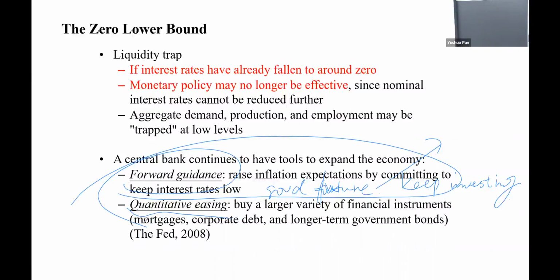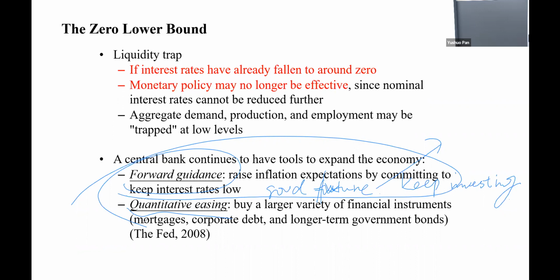The second way is quantitative easing, which means buying a large variety of financial instruments, including mortgages, corporate debts, and long-term government bonds. Usually the Fed is not going to buy this variety of instruments. What the Fed usually buys is just short-term government bonds because that's safe.